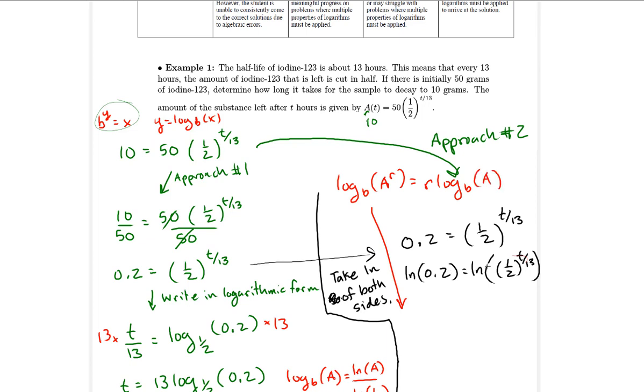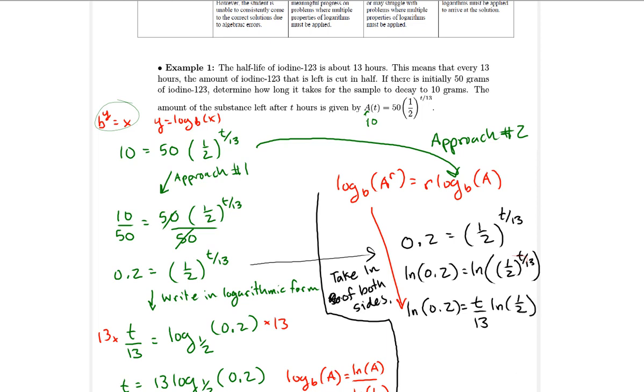And so I can bring t over 13 down in front, and that will allow me to get the t untracked from that exponent. So my next step looks like this. Natural log 0.2 equals t over 13 natural log 1/2.